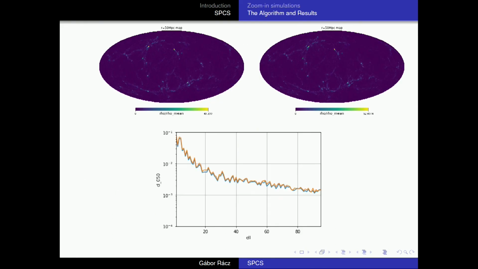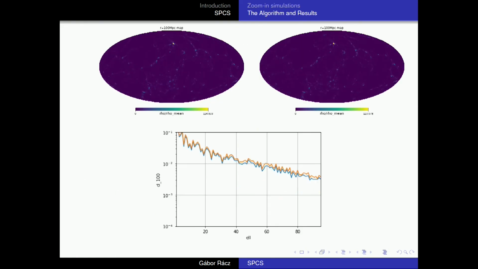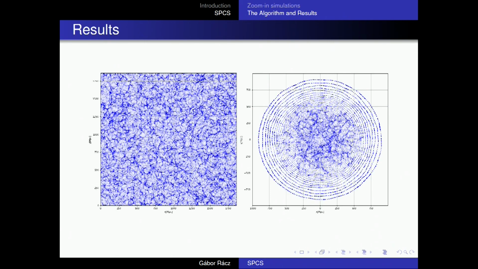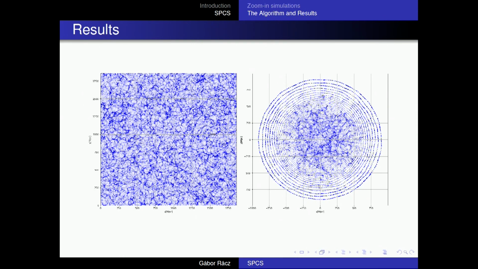Is it back reaction? No, it's not back reaction. If you see the diameter of this, the average diameter will be the same, so you don't see back reaction. Okay.